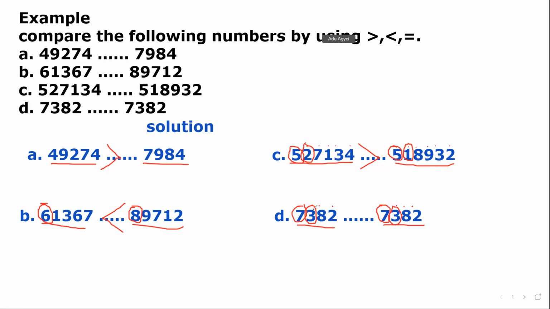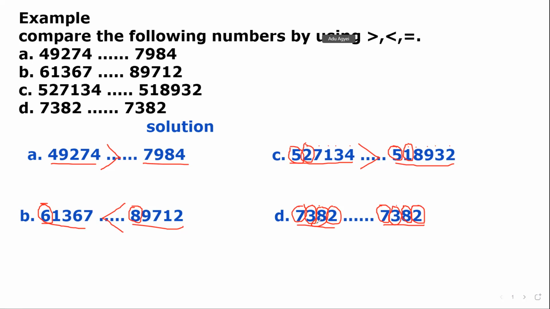The next digit after 3 here is 8, and when you come here too, it is 8. They are also the same. And then you compare the next digit. The next digit here is 2, and the next digit from this side is also 2.